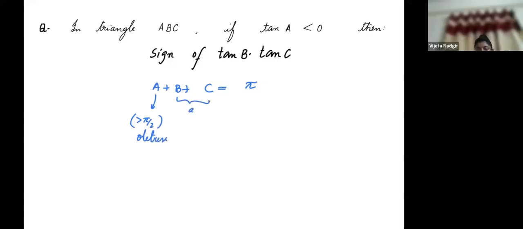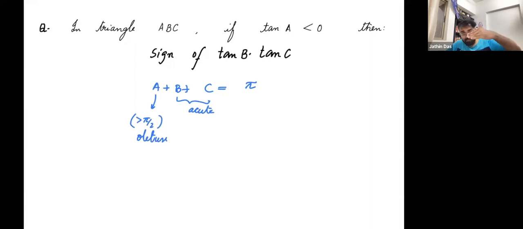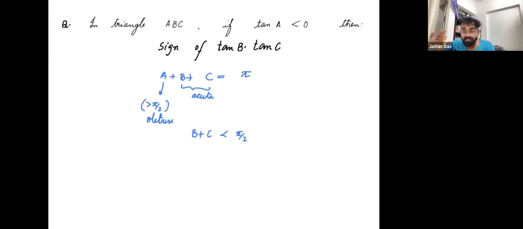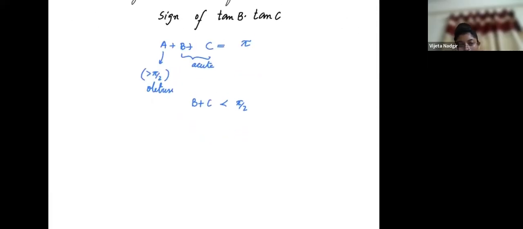That means the other two are acute. If A is greater than pi by 2, can you say that B plus C should definitely be less than pi by 2? The sum of the other two should be less than 90 only. Be clear. Okay. Very good.